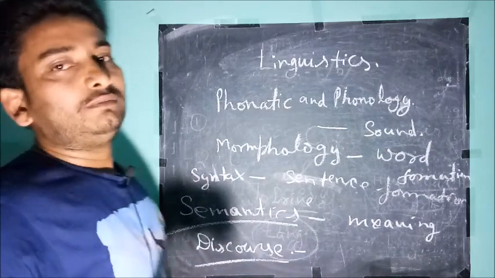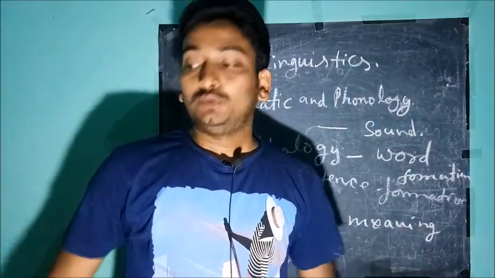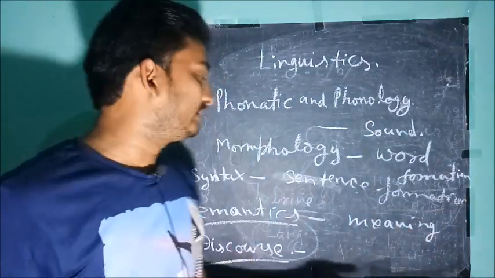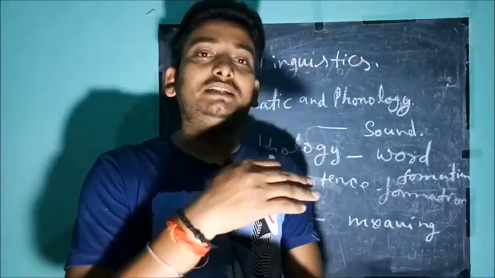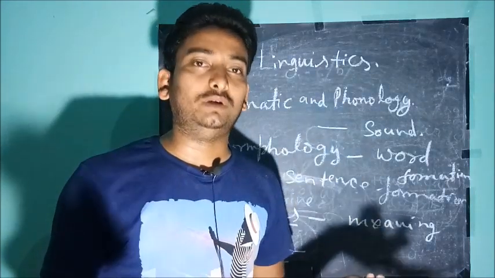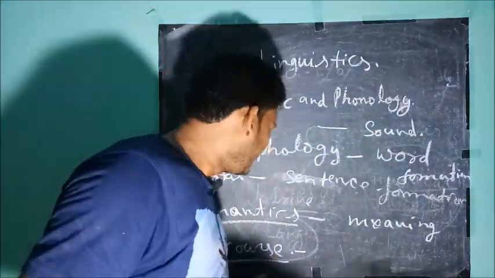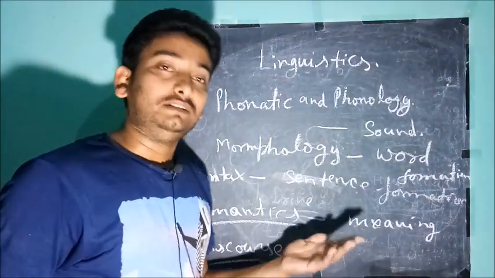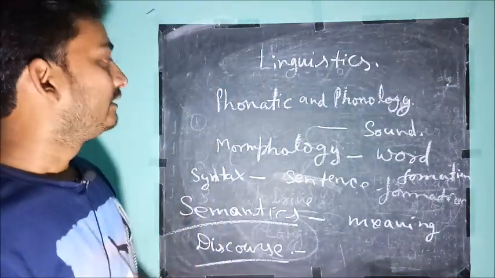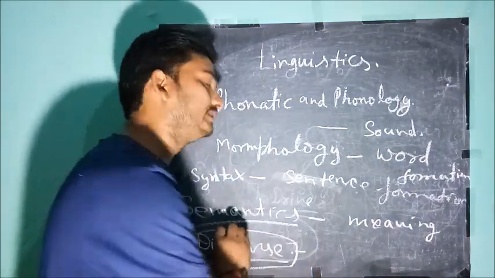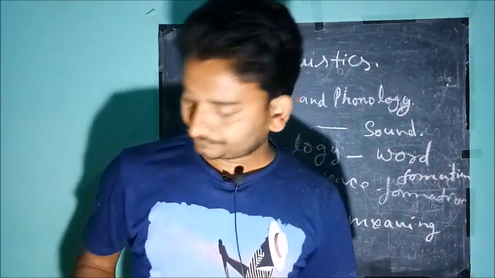In discourse, we study how different sentences in conversation are connected with each other, how conversation works. Means connected sentences with each other are studied in discourse. In literary theory, we will study this term discourse in a different way.